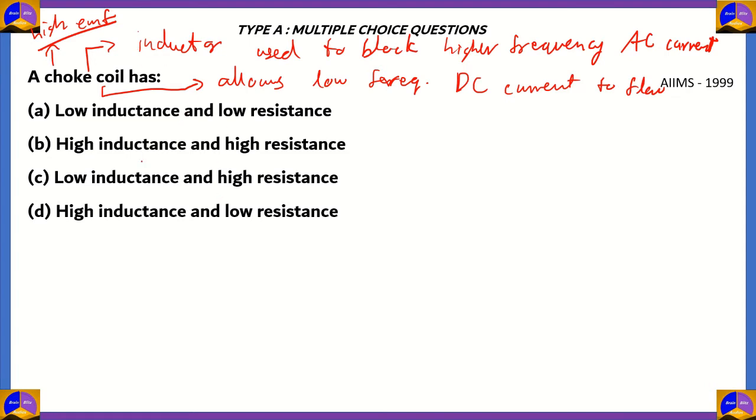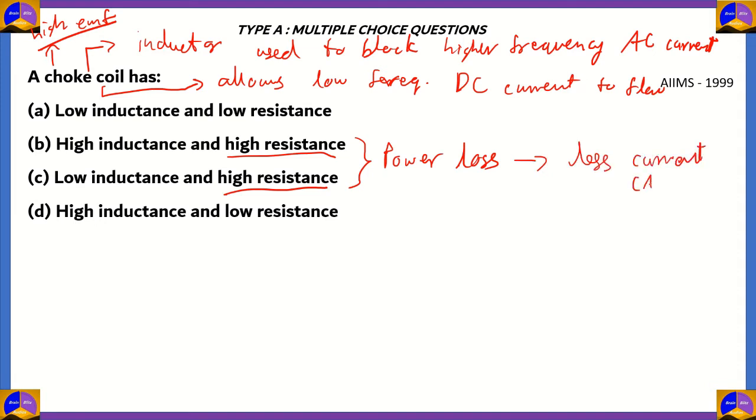So if we look at our following options, options B and C have high resistance in the choke coil. If there is a high amount of resistance, then there will be power loss and due to this power loss, less current, both AC and DC, flows. So here it restricts all kinds of current. So option B and C are incorrect.